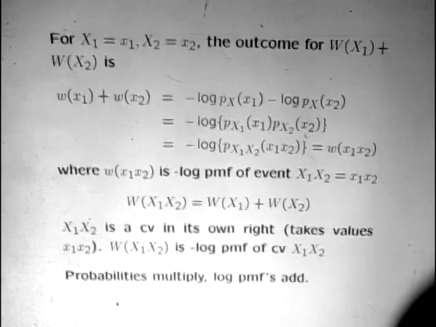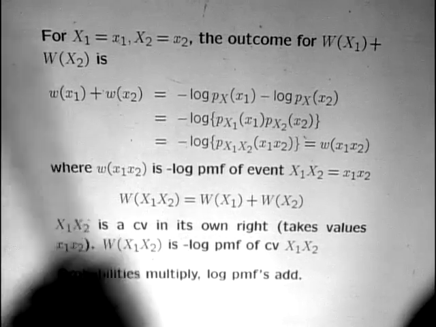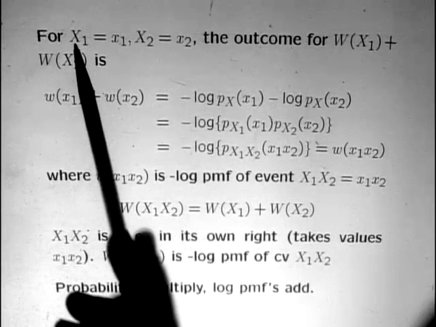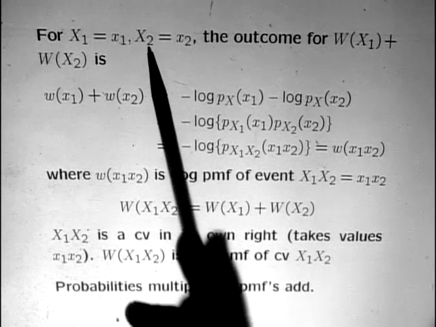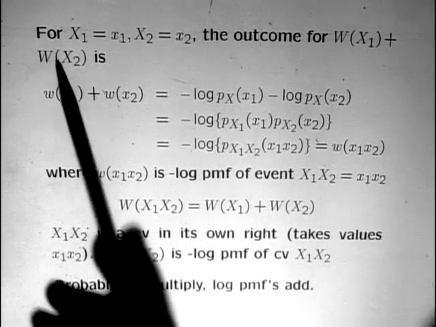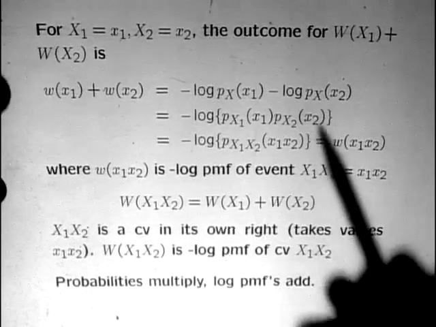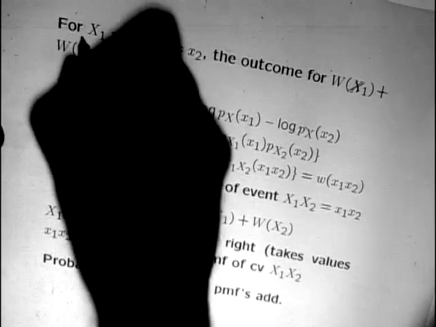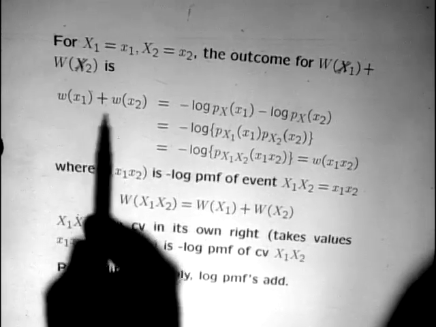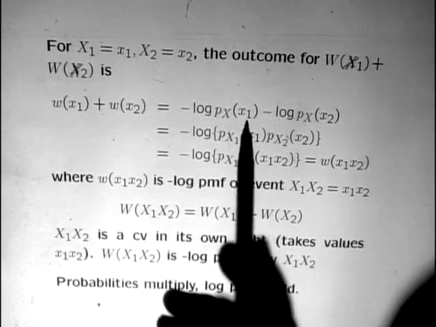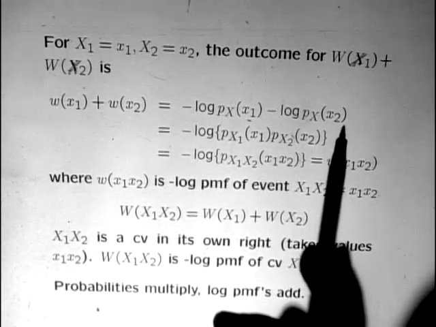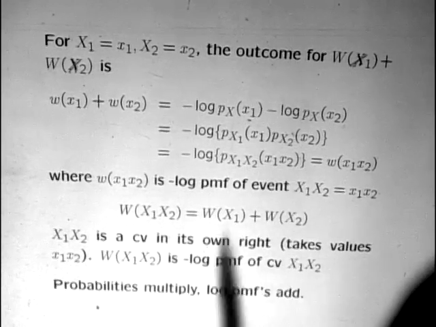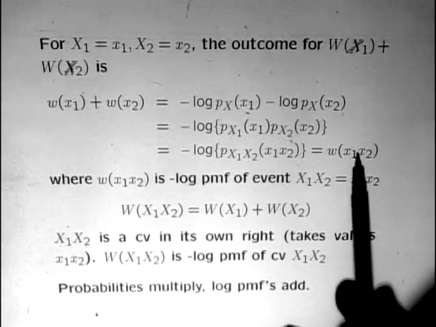And just to review this, what we said before: if little x1 is the sample value for the chance variable x1, and little x2 is a sample value for the chance variable x2, then the outcome for w of x1 plus w of x2 — it's very hard to keep all these little letters and capital letters straight — is minus the logarithm of the probability of x1 minus the logarithm of the probability of x2, which is minus the logarithm of the product, which is minus the logarithm of the joint probability of x1 and x2, which is the random variable w of x1, x2.